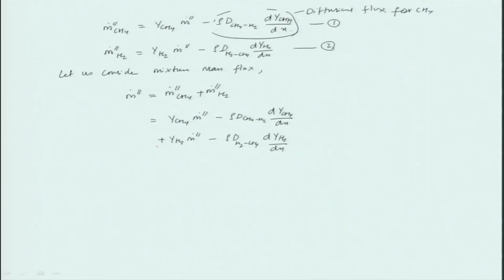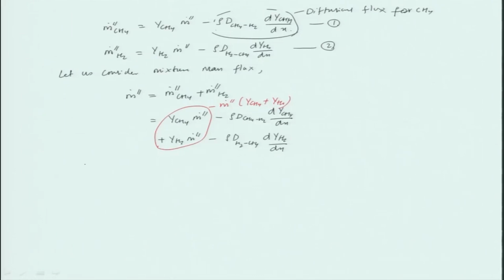If I add these together, what would it be? I can write this as (Y_CH4 plus Y_H2) m dot. Yes or no?